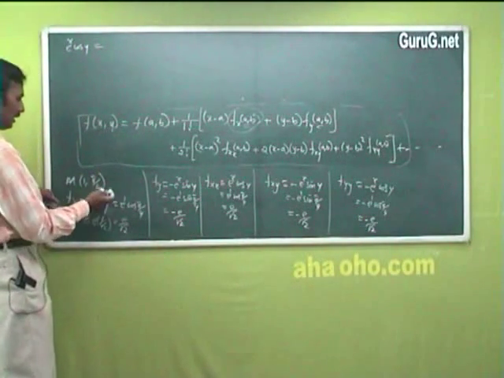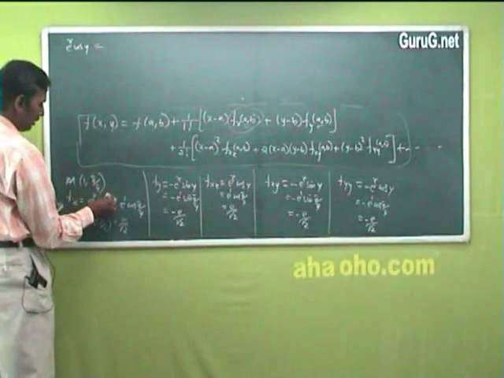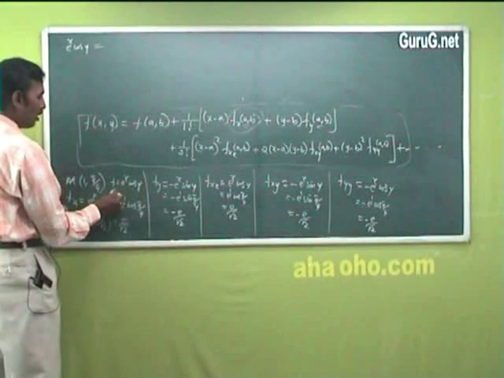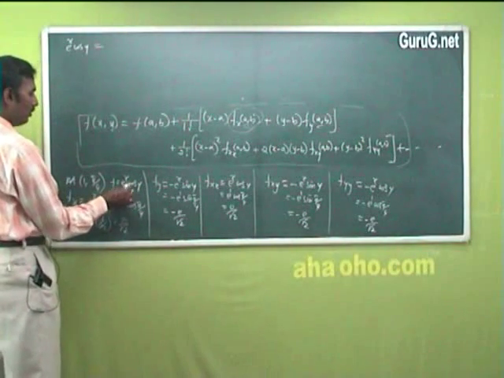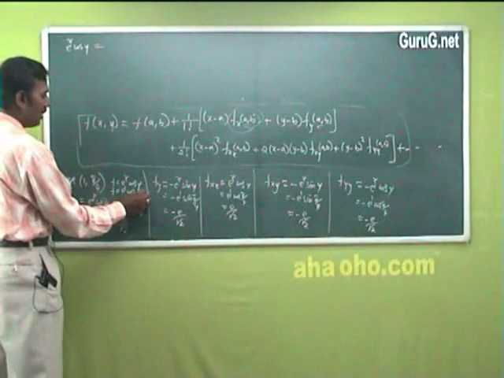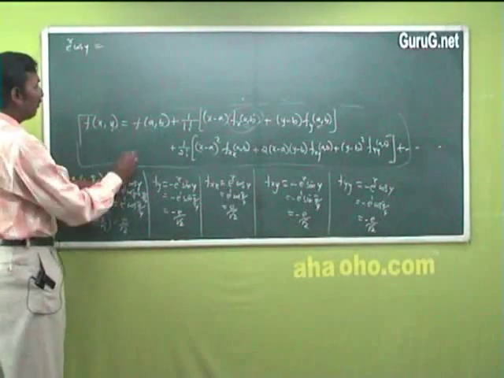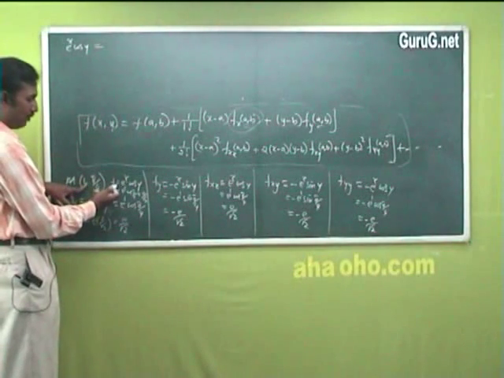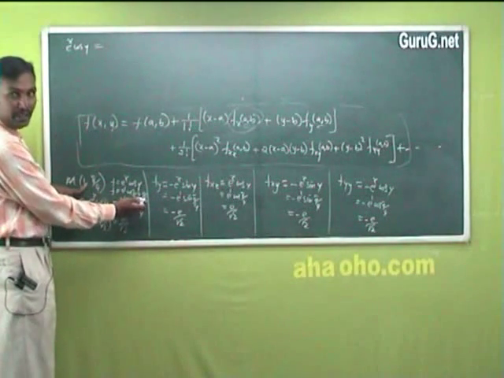Now we have to substitute here. Now e power 1 cos pi by 4, so again e by root 2. So f of a comma b is f of 1 comma pi by 4, which is e by root 2.